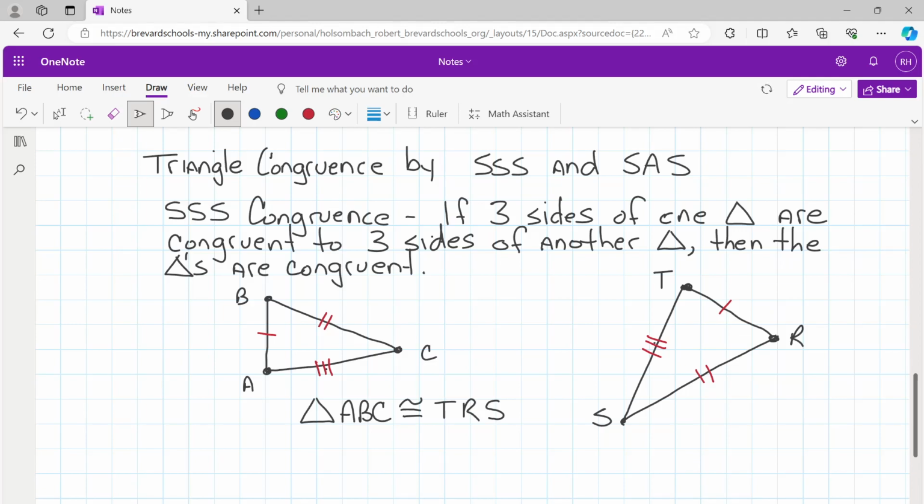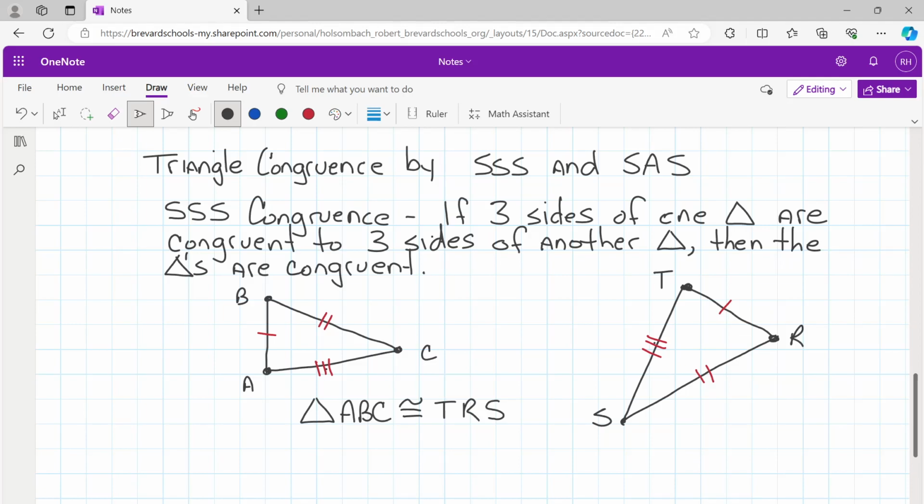Now, you will be asked in some of your questions, the wording is determine which postulate can be used to prove the triangles are congruent. If it is not possible to prove congruence, write not possible.